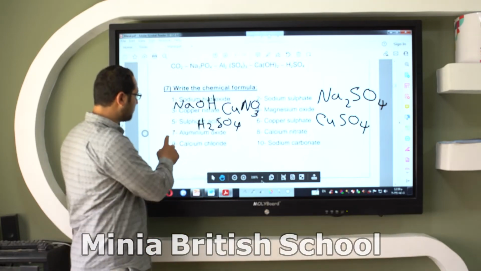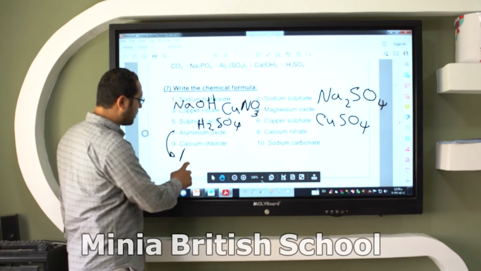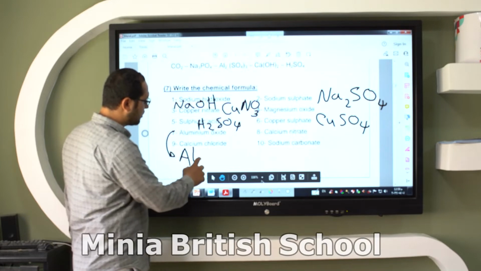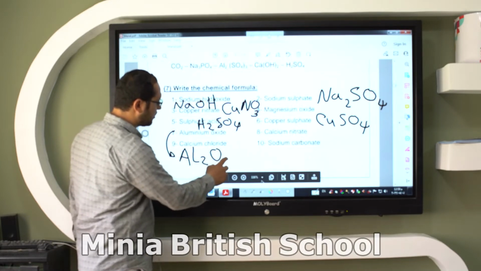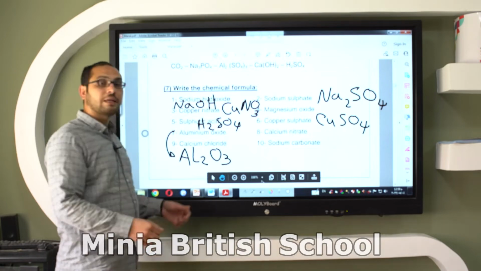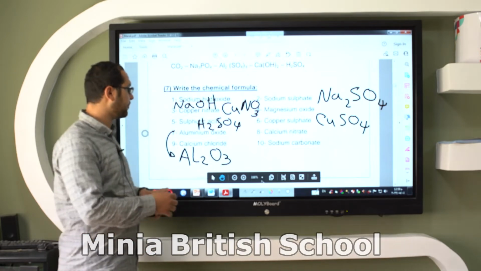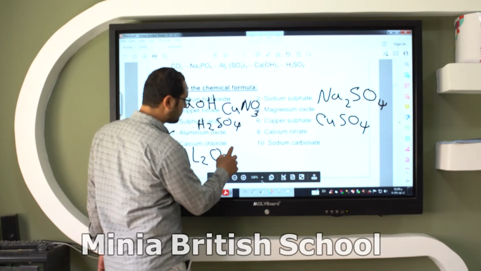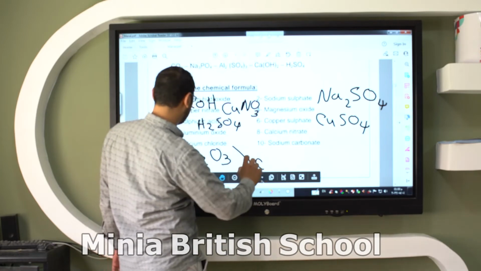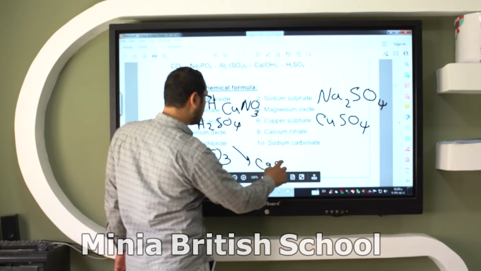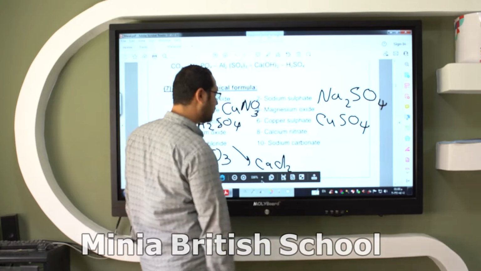Aluminium oxide, Al2O3. Calcium chloride, CaCl2.